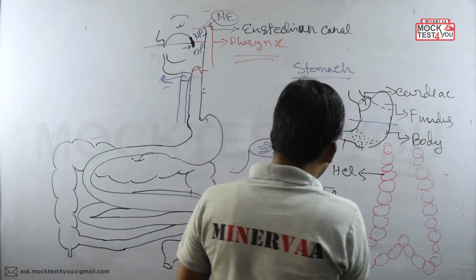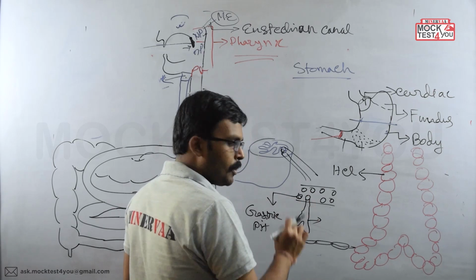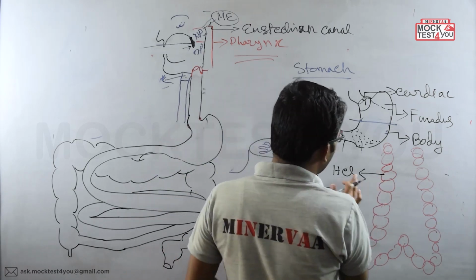Now what is the name of these cells present at the side of the gastric gland near the pit region?